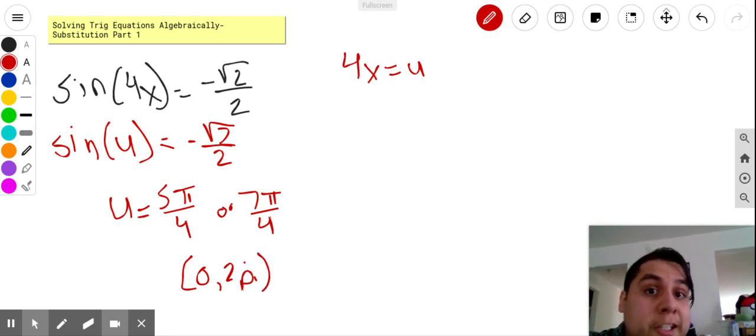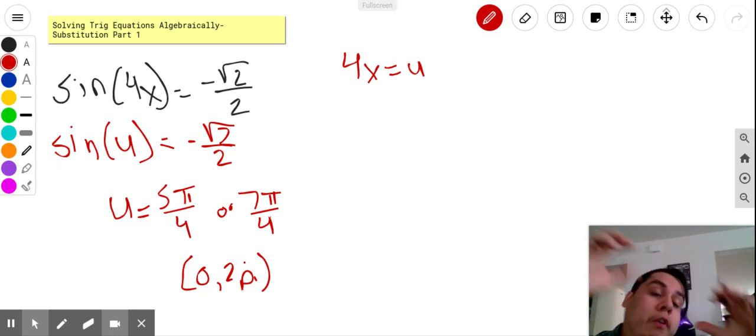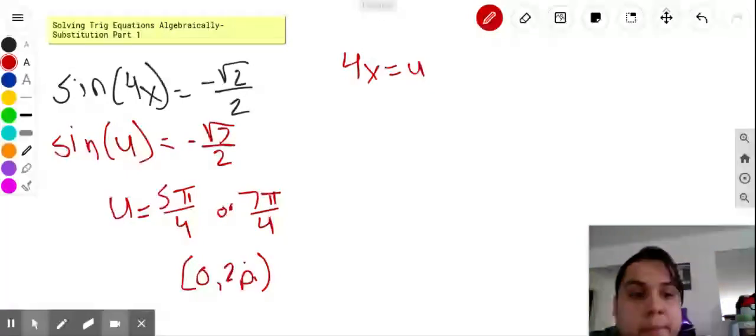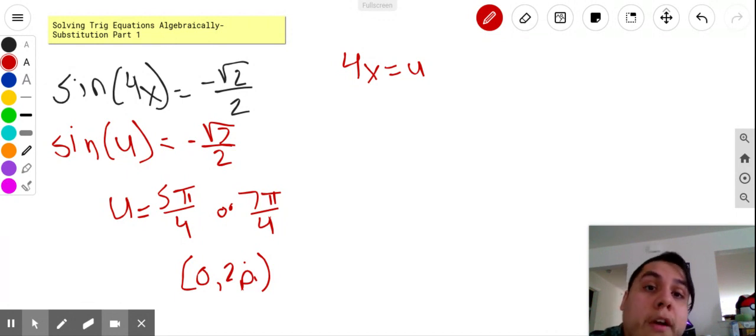But I didn't specify that I only wanted the answer found within that interval. So I have to generalize it. And typically, for the red part, sine has a period of 2 pi.